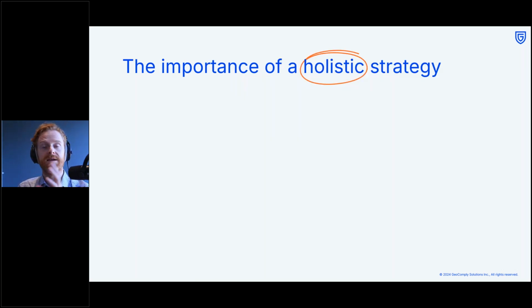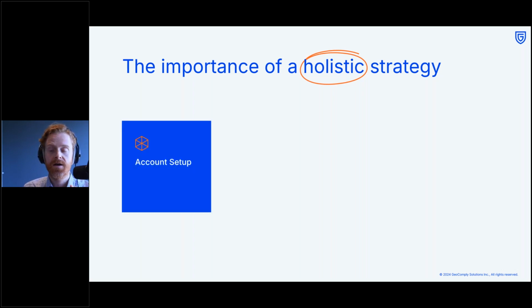That really brings the importance of having a holistic strategy. And I know that's kind of a word that we always use. That said, it is more important than ever. You need to have clear visibility of your account setup, because you want to make sure that fraudsters are not using stolen identities or synthetic identities. Depending on the countries where you operate, there are some countries where creating a synthetic identity is still not very difficult.